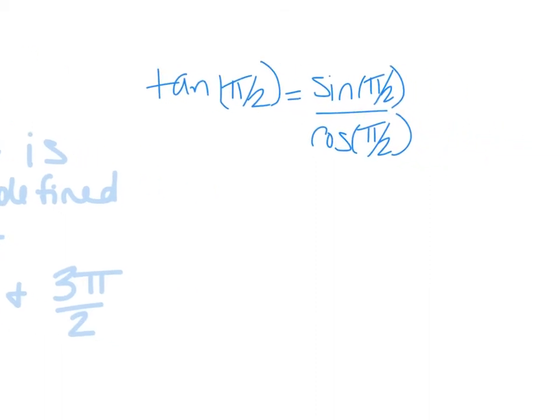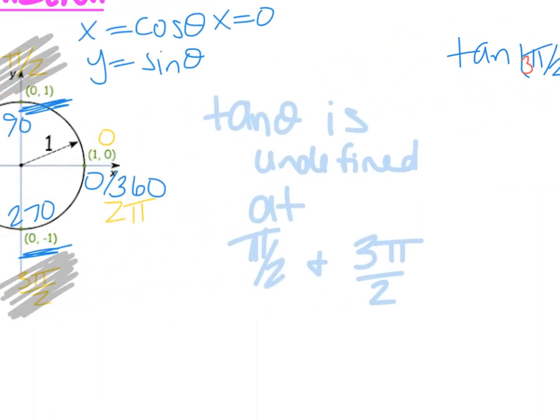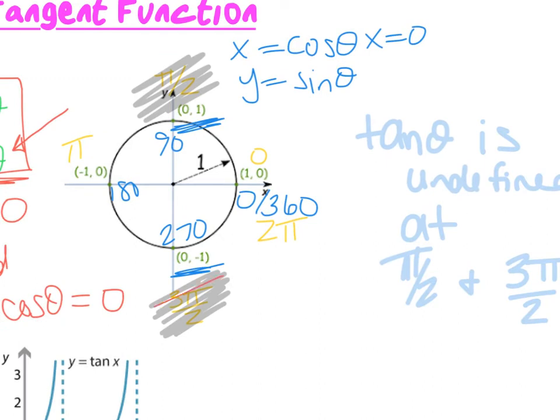And when you type in sine of pi over 2, as long as you're in radians, you're going to get 1. And when you type in cos of pi over 2, you'll get 0, which makes this fraction undefined. And the same thing will happen if you change this to 3 pi over 2. The only thing that would be different with 3 pi over 2 is that this would become negative 1, because on the unit circle, 3 pi over 2 is at the bottom.